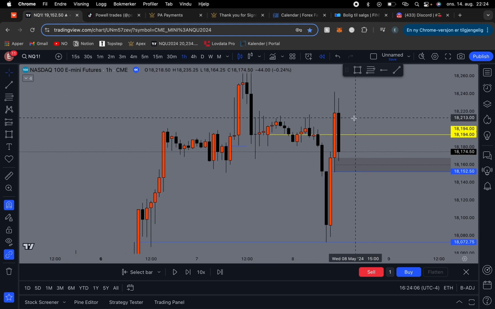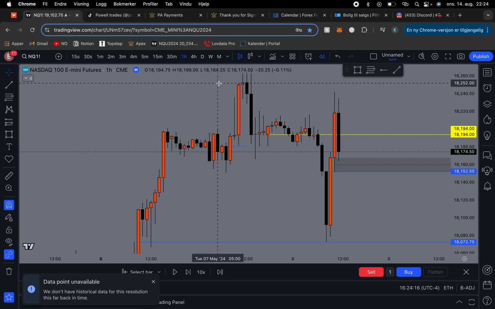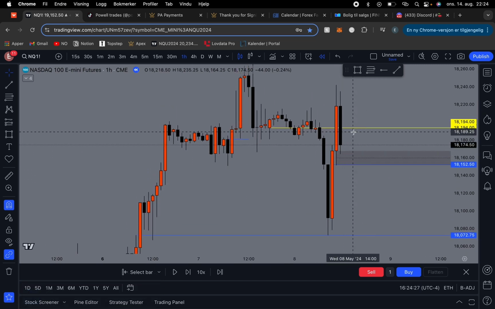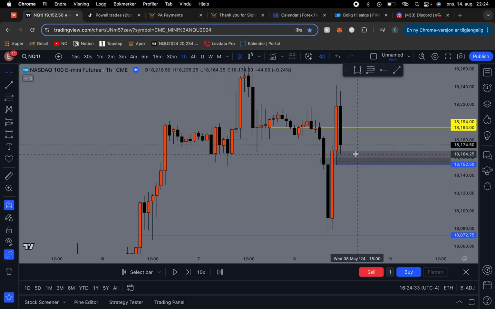And what's also nice is if you get this paired with an inversion. Let's see if we can. We don't have historical data for this resolution. Okay, I guess not. Anyways, let's say there was a tiny FVG right here.